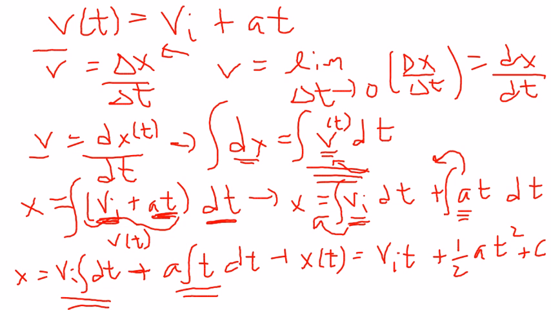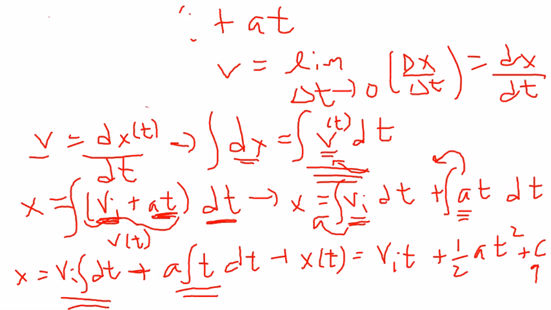So the constant of integration, this here, c, is always just the initial value at 0 seconds. Let me erase some of this top area to give myself some more room.